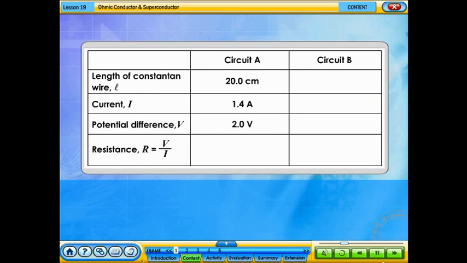Note the readings of the ammeter and voltmeter in circuit A. Use these values to calculate the resistance of the wire.